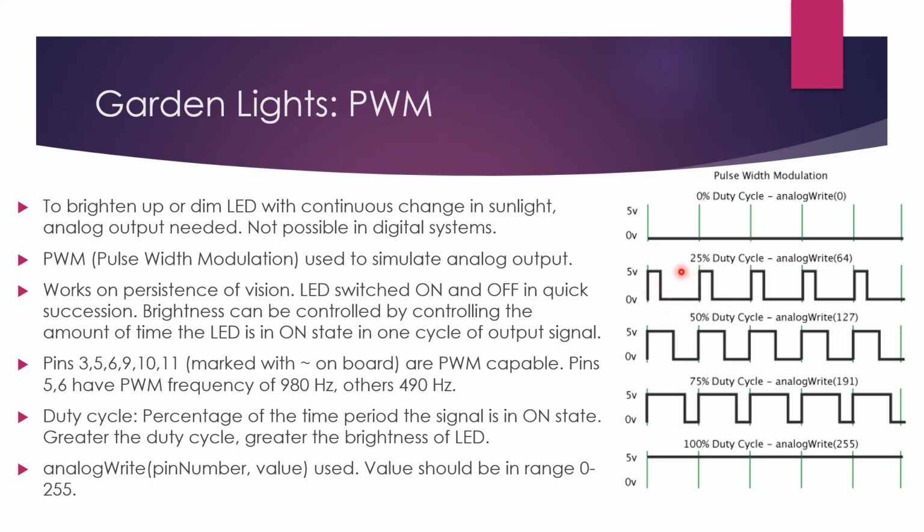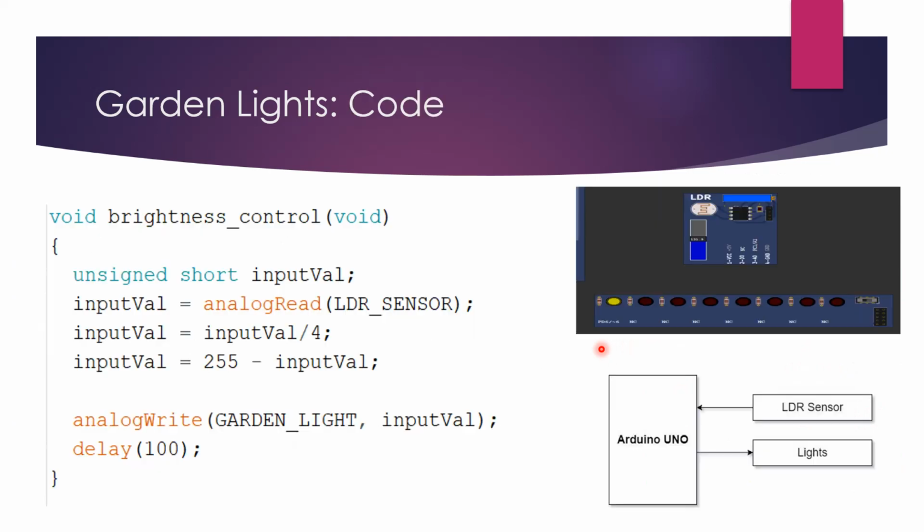So what happens is the Arduino Uno microcontroller sends signals with a given predefined frequency of 490 or 980 Hz, and then the percentage of time it is in the on state or off state is determined by the duty cycle, which we input using the analogWrite function. Now the greater the value, the greater would be the brightness of the LED.